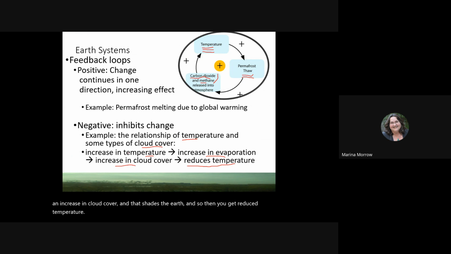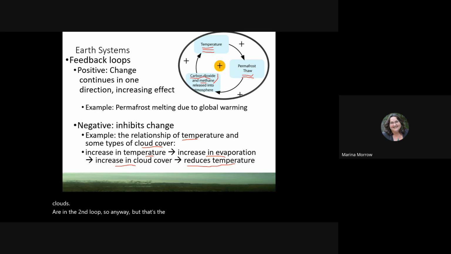So an increase in temperature eventually leads to a reduction in temperature. Unfortunately, we have not found this loop to be as powerful as, for instance, the permafrost melt loop. And it's not all types of clouds, only some types of clouds are in this second loop. So anyway, but that's the idea.